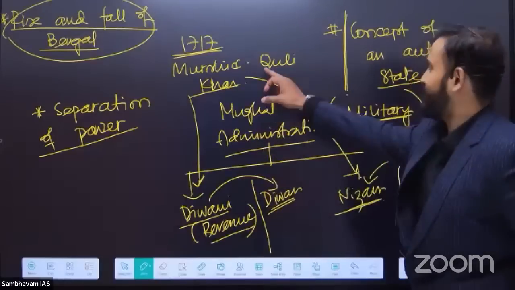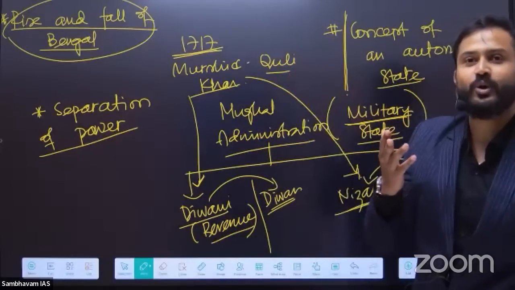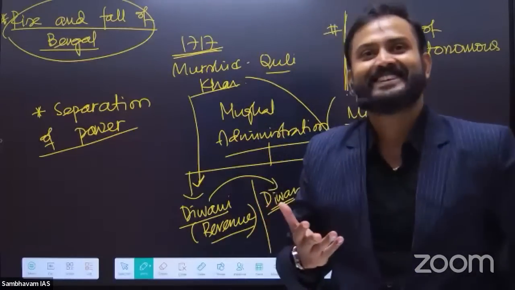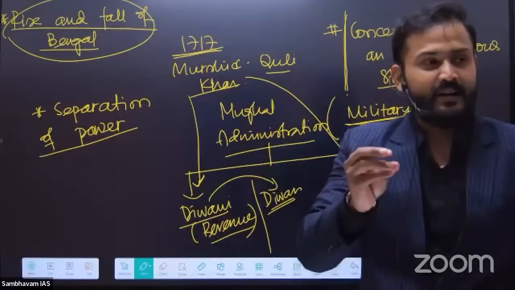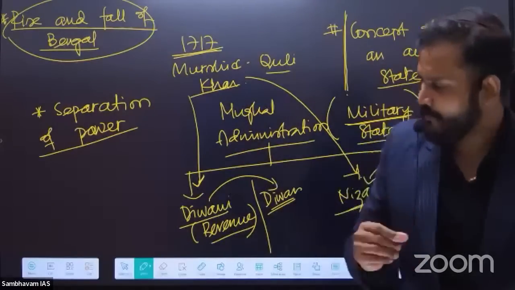I have written Murshid Quli. Why have you written Murshid Quli this way? Which is the right spelling? Right, under the leadership of Murshid Quli Khan, full stop.